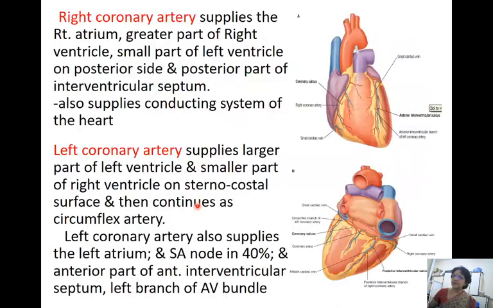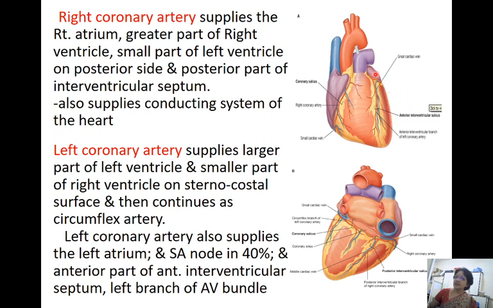So the right coronary supplies the right atrium, part of the right ventricle, a small part of the left ventricle on the posterior side, the posterior part of the interventricular septum, and the conducting system. The left coronary supplies the left ventricle, a small part of the right ventricle, and continues as a circumflex.